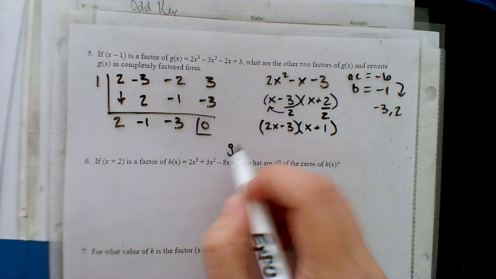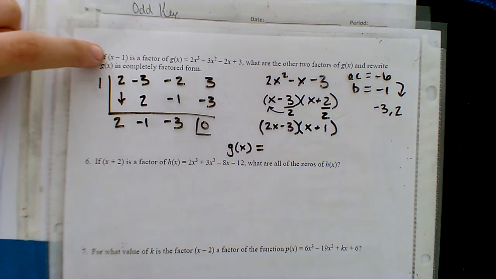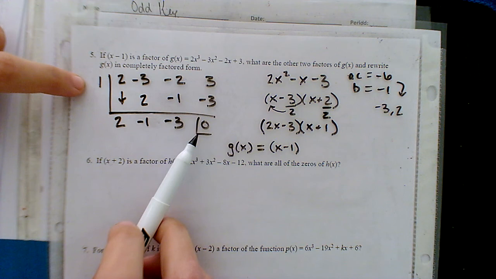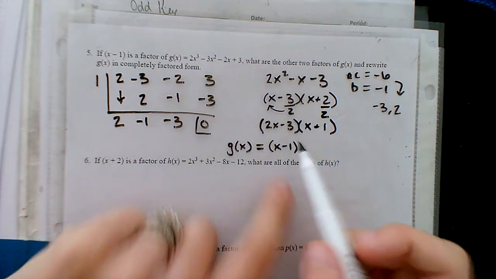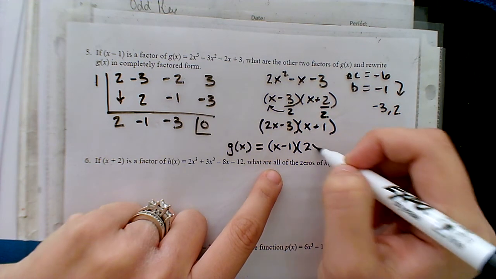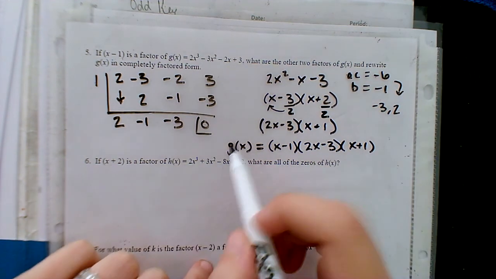So we can officially rewrite the original polynomial in terms of its factors. We'll have the original factor, x minus 1, that we proved through synthetic division, and the other two factors that we found from the quotient: 2x minus 3 and then x plus 1.